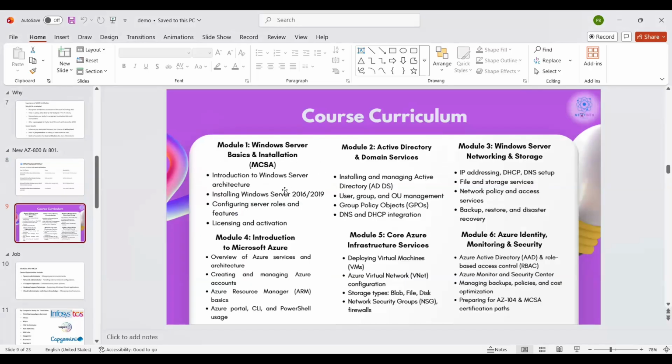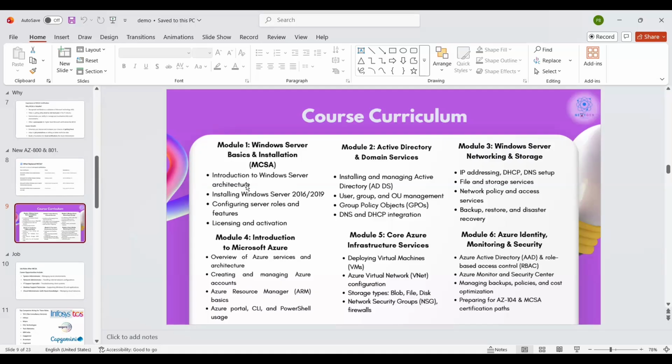Here we will learn about the basic architecture of Windows Server, what the installation process is, how you can install these servers, how you can do the basic configuration, what the licensing process is, how you can activate the license. This is involved in the first module. The first module is about the basics.